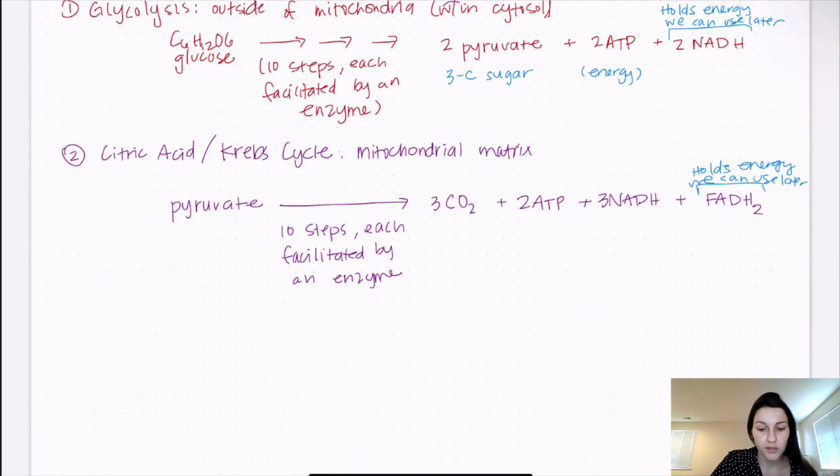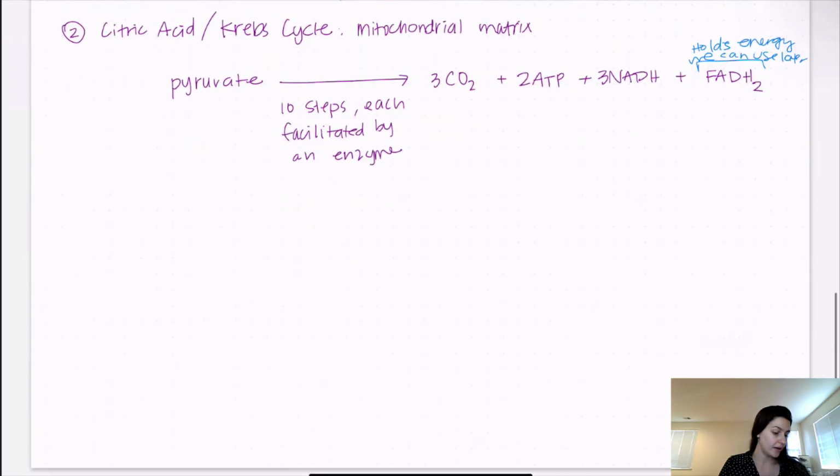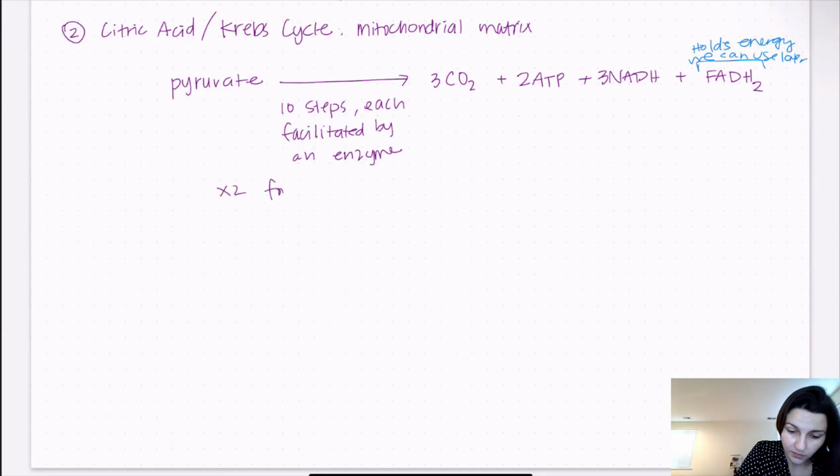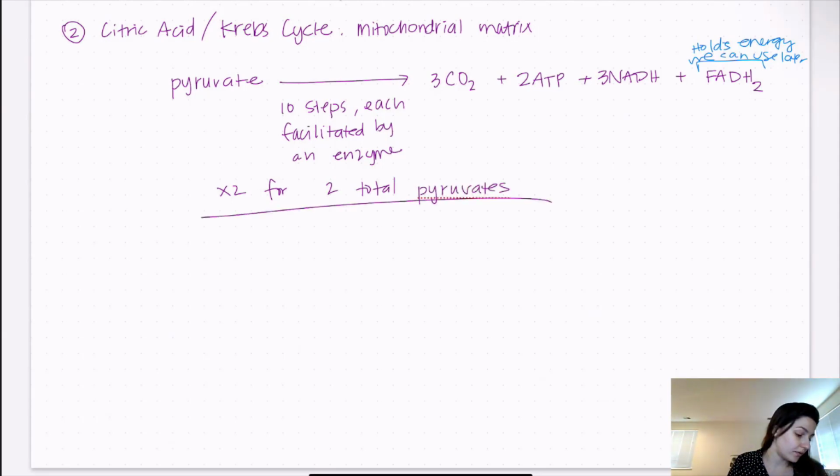But okay, so this was just for 1 pyruvate. So for 2 pyruvates, this is what the reaction looks like. We do times 2 for 2 total pyruvates. This is the whole reaction, 2 pyruvates.